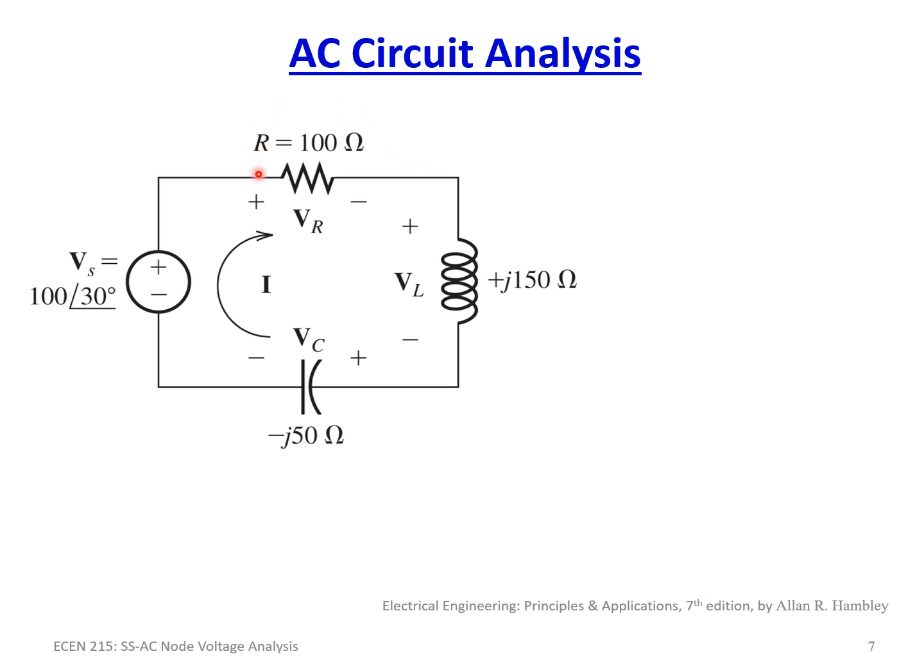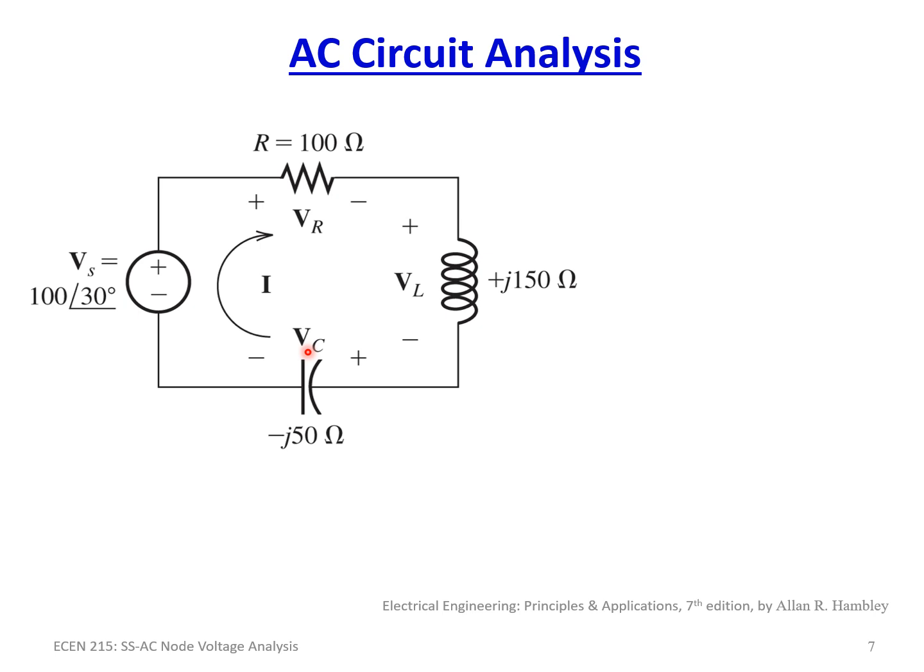So the resistor was fairly easy. It's 100 ohms. There's not much to it. ZR is equal to R. ZL, as we learned earlier, is j omega L. So omega was 500, and we have 0.3 Henry, so 500 times 0.3 leaves us j150 ohms. For the capacitor, we have 40 microfarads, so 40 e to the minus 6.